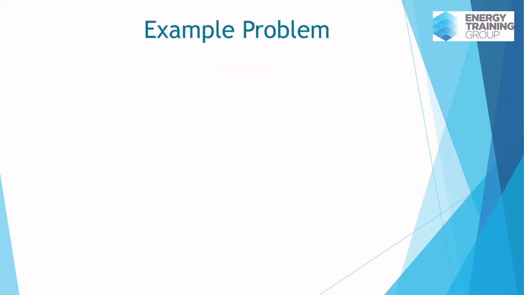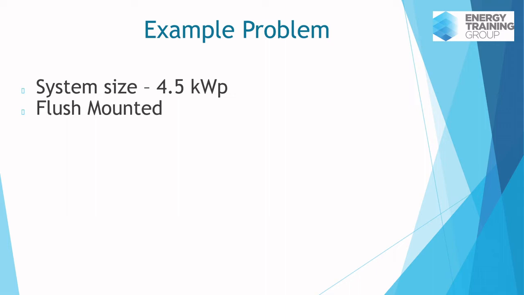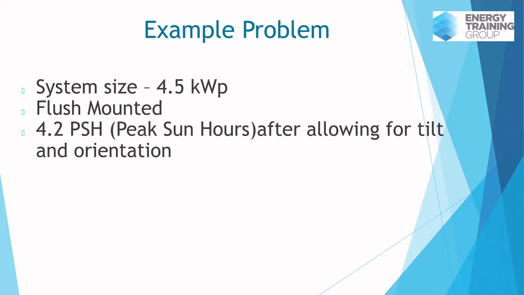So let's look at an example problem and then we'll go through how we calculate that. We have a system size of 4.5 kilowatts. It's a flush mounted system. We get 4.2 peak sun hours after allowing for tilt and orientation. So that's our irradiance that's going to fall on our PV modules. We've got a shade loss of 6%.